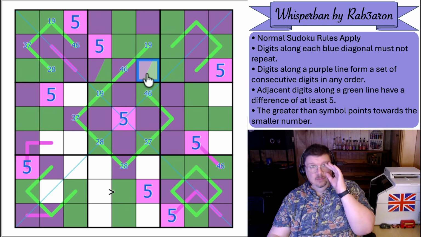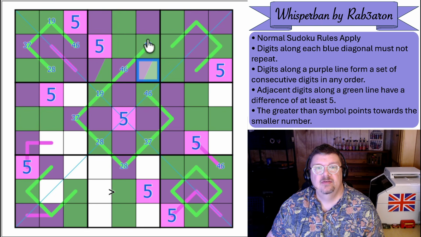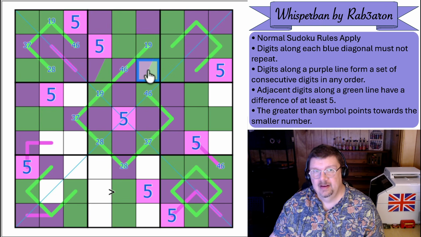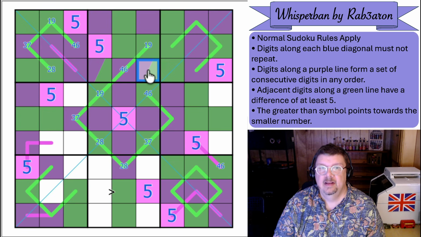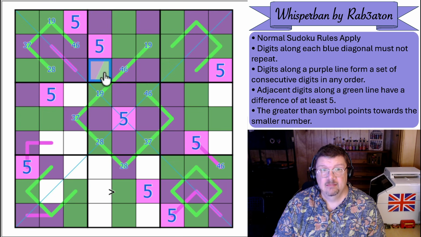Okay, so it was useful marking these up. This sees, if green is low, it sees 1, 3, 4, and 2. If green is high, it sees 9, 6, 7, and 8. So that is not green, that is purple. That's beautiful. So that is green there.